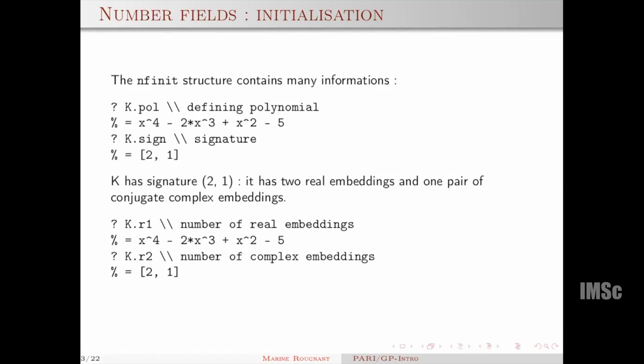So when you initialize a number field with nfinit, you can after that access easily to the polynomial used by K.pol, the signature of your number field. So here we have two real embeddings, one complex embedding. You can also have the number of real and complex embeddings with K.r1 and K.r2.